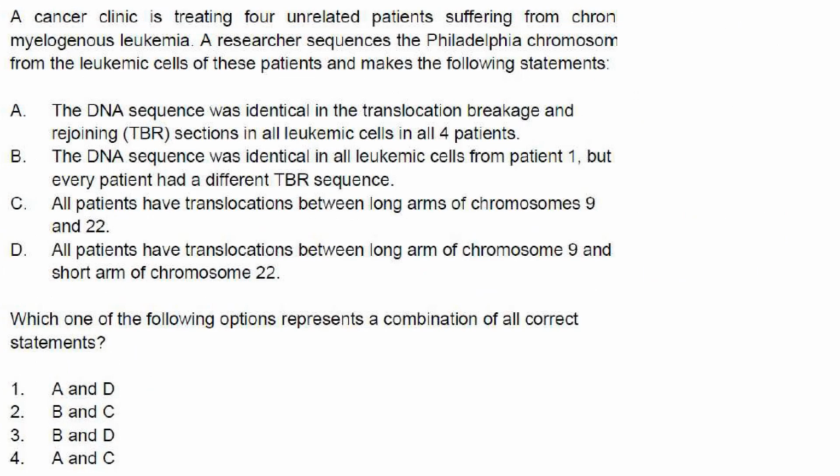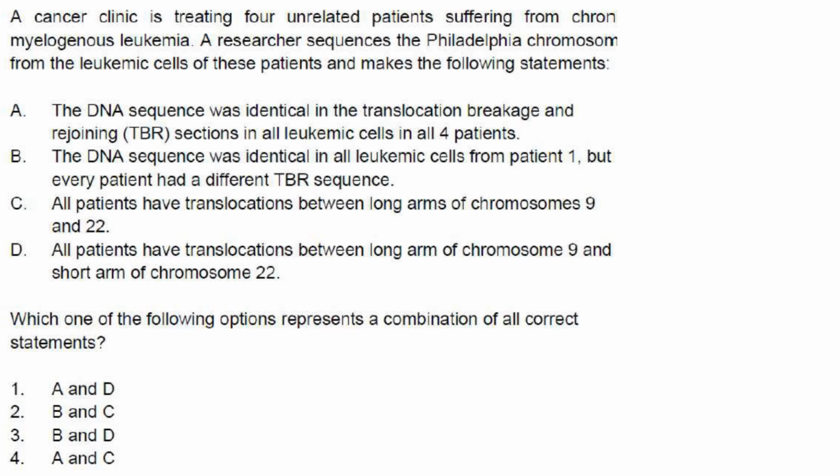Then next one. A cancer clinic is treating 4 unrelated patients suffering from chronic myelogenous leukemia. Okay, Philadelphia chromosome. Remember, a researcher sequences the Philadelphia chromosome from the leukemic cells of these patients and makes the following statements. Now, what is CML?